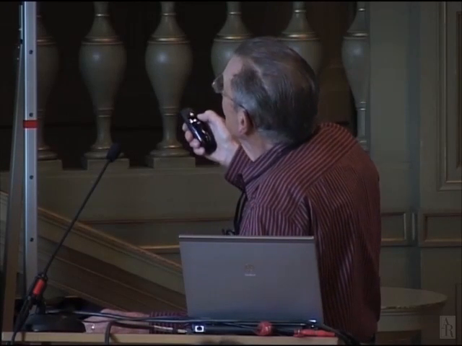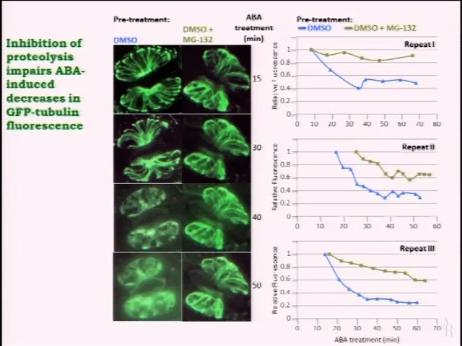Also, it was known that COP1 mutation, and that's an F-box protein, was known to prevent stomatal closing, and it might also prevent the loss that we've seen. So let's take a look at that. And here are 3 repeat experiments in which we're looking at relative fluorescence, either DMSO treated or treated with MG132 for an hour before ABA was added.